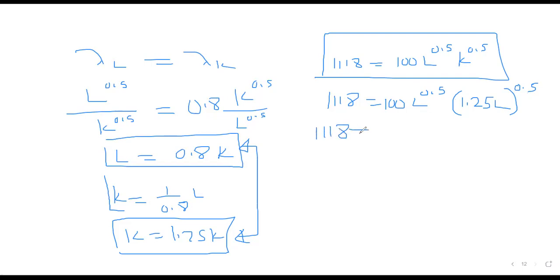Now 118, we can distribute. So this is 100 L to the power 0.5, this is 1.25 to the power 0.5, and this is L to the power 0.5. Are we together on this one? Yes.